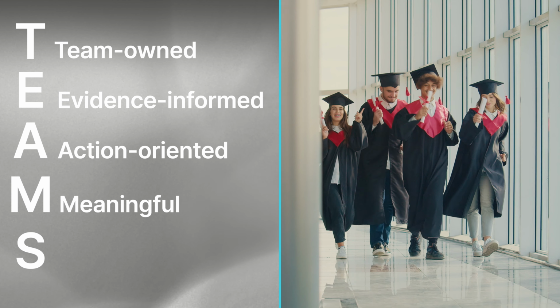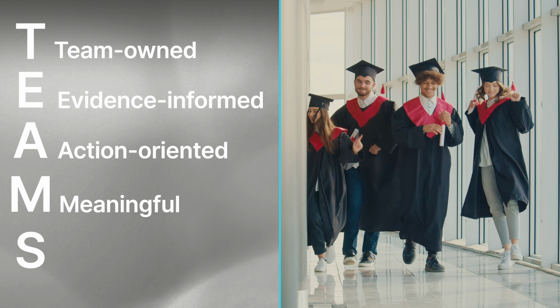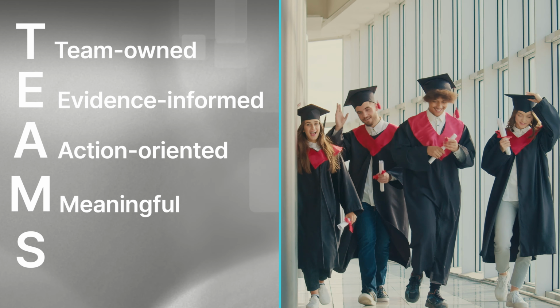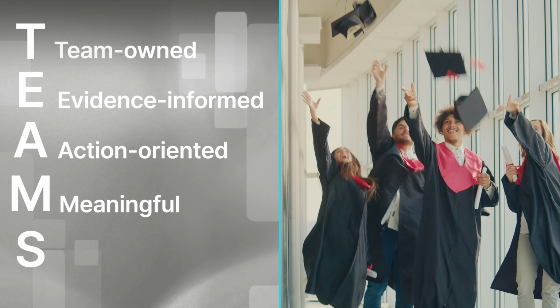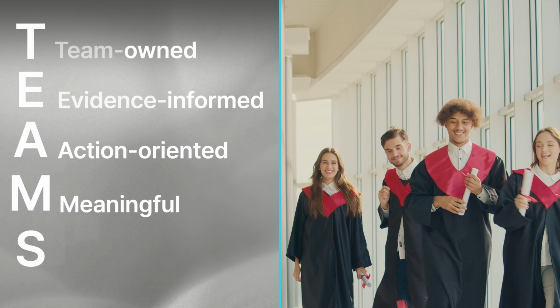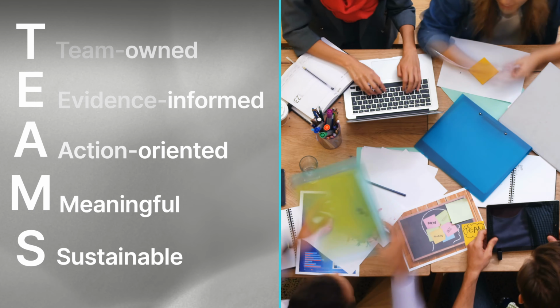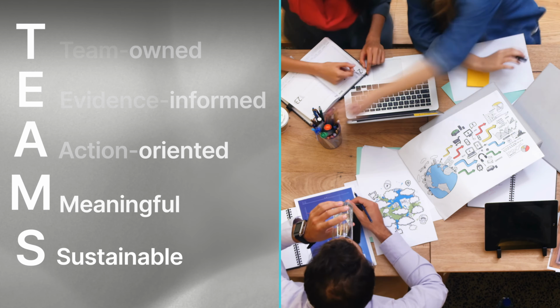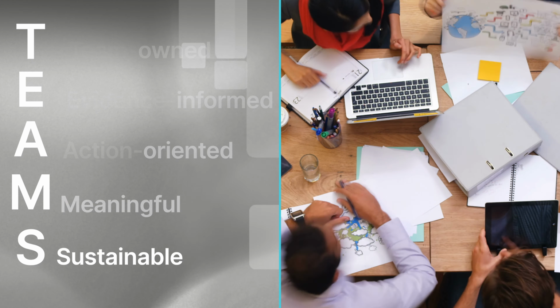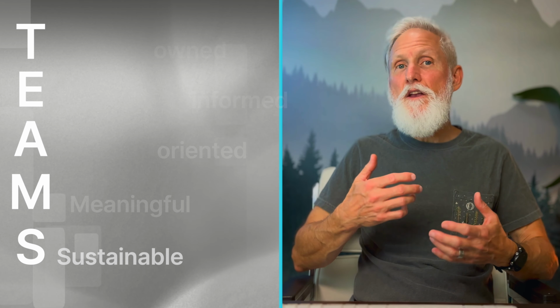M is meaningful. This is connected to our shared purpose around student learning and the values we hold around collaboration. And then S is sustainable. This is important, and a lot of people miss this. Something that we can maintain as a team even when things get busy and as the year unfolds.